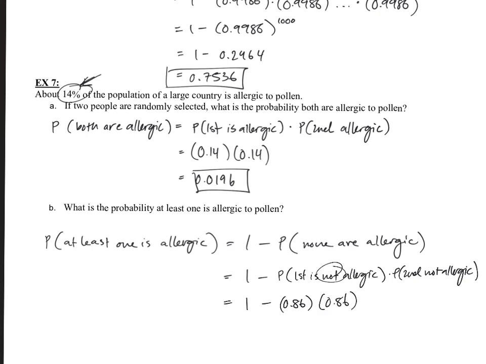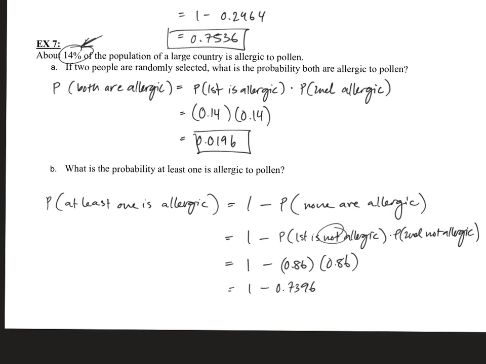Multiplying 0.86 times 0.86, we get 0.7396. Doing the subtraction, our answer is 0.2604. That is the probability that at least one person is allergic to pollen.